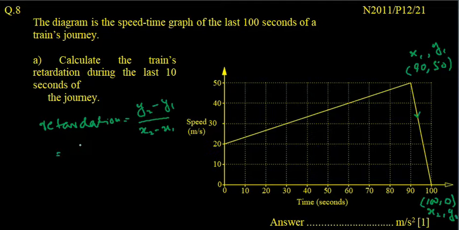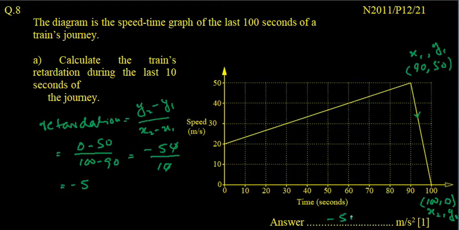So y2 is 0, y1 is 50, x2 is 100 and x1 is 90. So it becomes minus 50 upon 10. So the retardation becomes minus 5 meters per second squared.